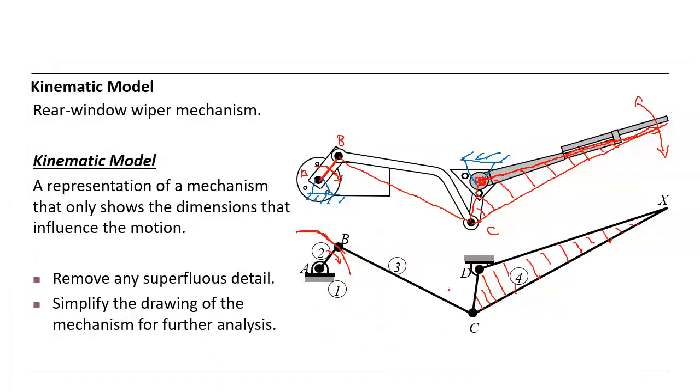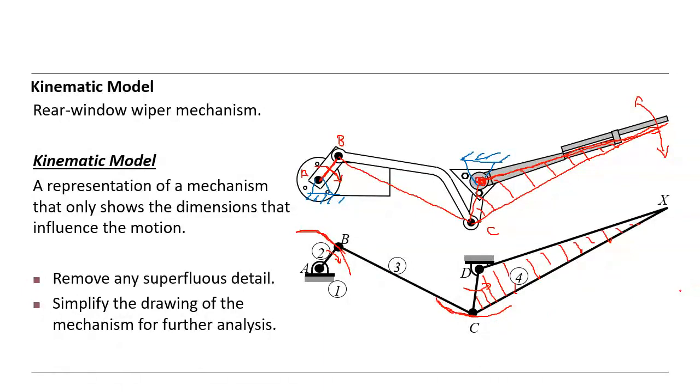BC is executing the general plane motion, which consists of linear and rotary motion. But part 4 makes a rotary motion, and this point C is moving on that circle with the center D.